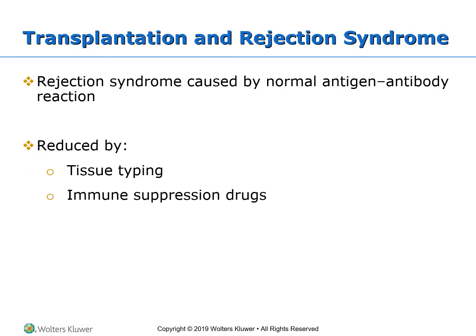Another aspect that will involve the immune system will be encountered when we do a transplant and we talk about the rejection syndrome. So per definition, transplantation is the transfer of an organ or a tissue from one organism, which is the donor, to another one, which becomes the recipient.